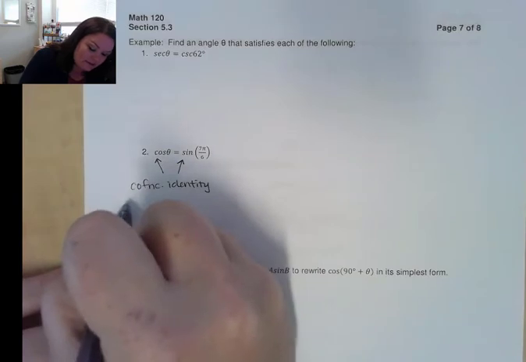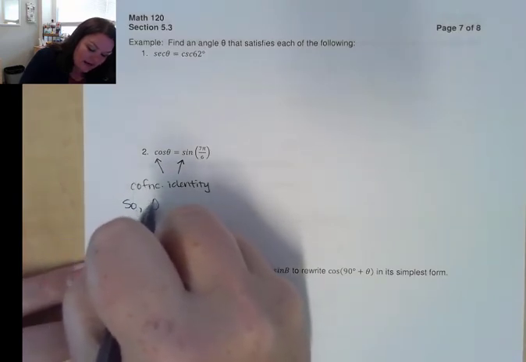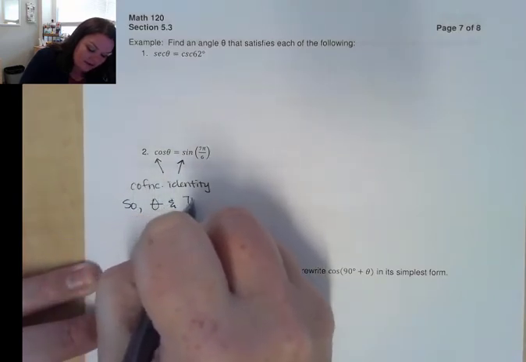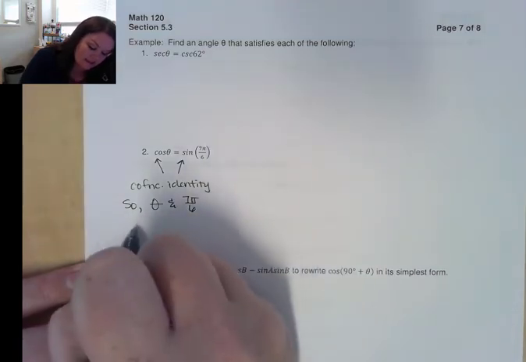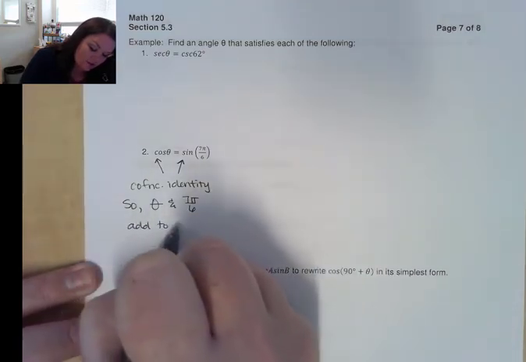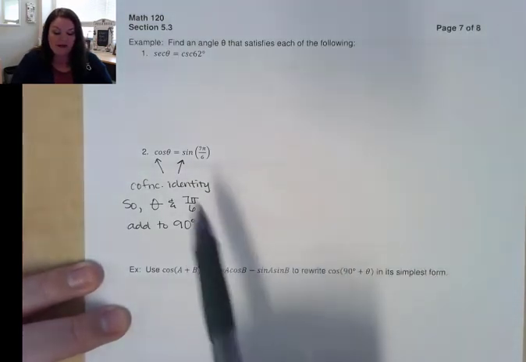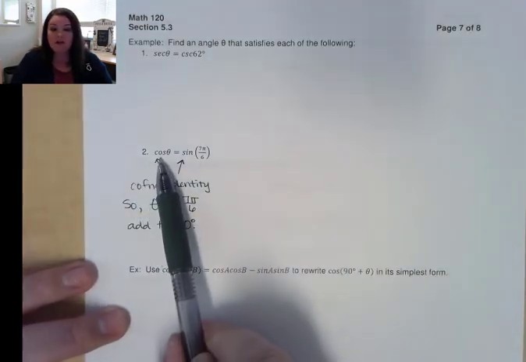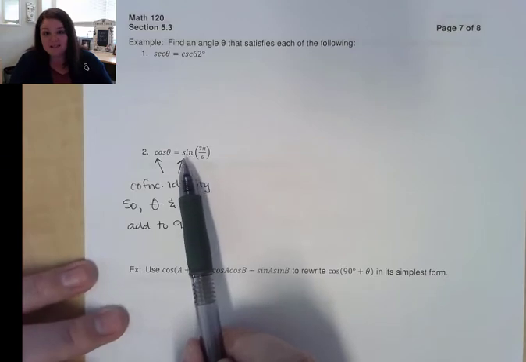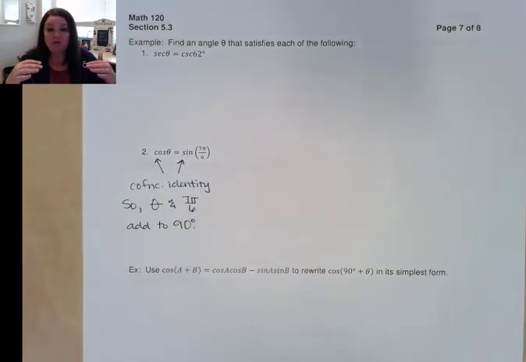So that means theta and 7 pi over 6 add to 90 degrees, right? That's the only way that one's cosine value would be equal to the other one's sine value, is if those are cofunction identities, which means that our angles are complementary and they add up to 90.